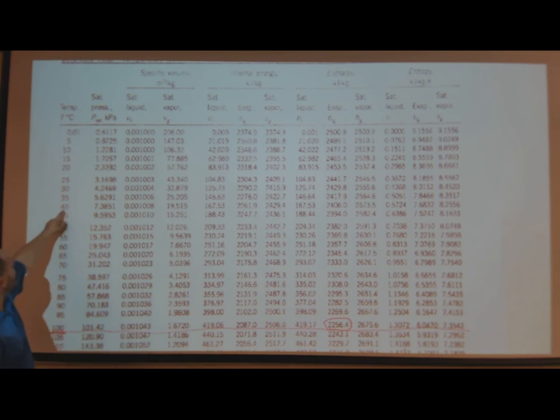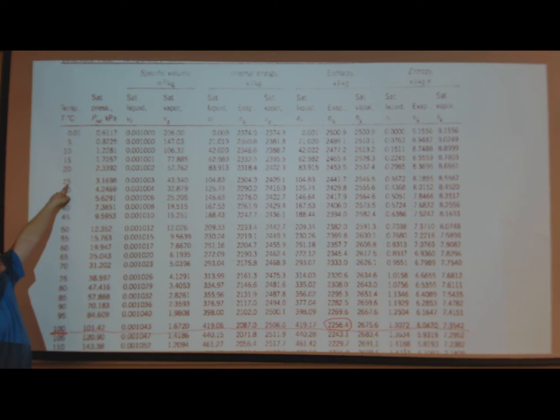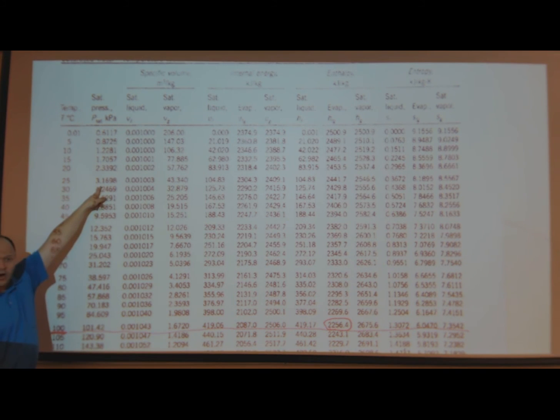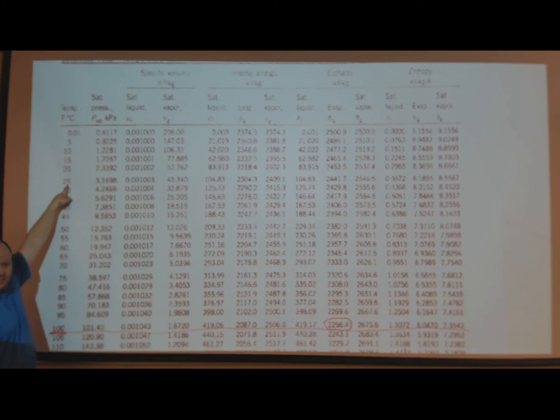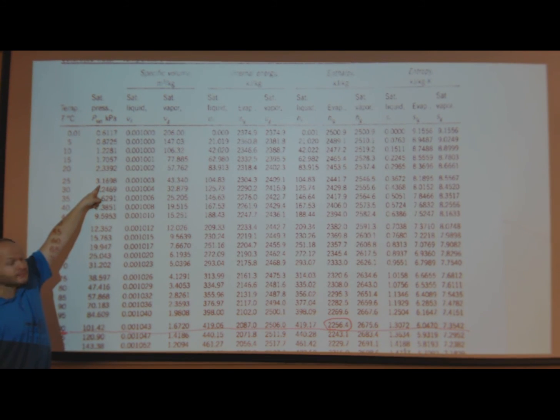Now, I can go up to a temperature of 25 degrees C. In order for liquid water to boil at 25 degrees C, I have to depressurize it. So water boils at 25 degrees C at 3.2 kilopascals.